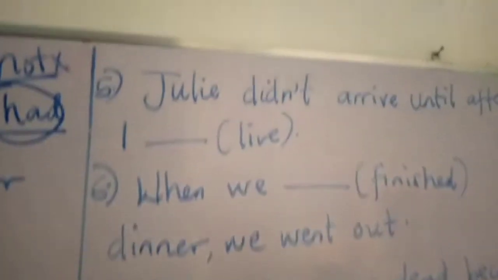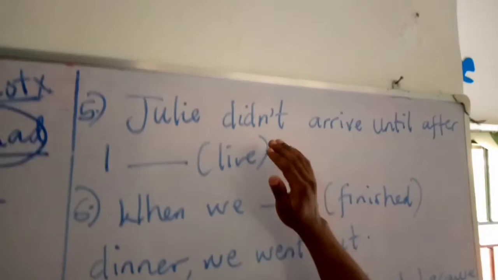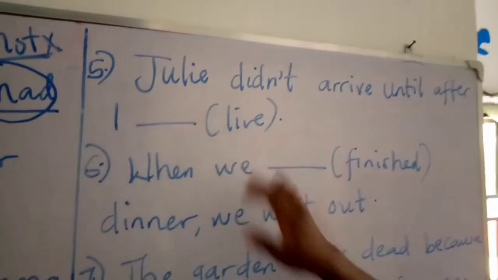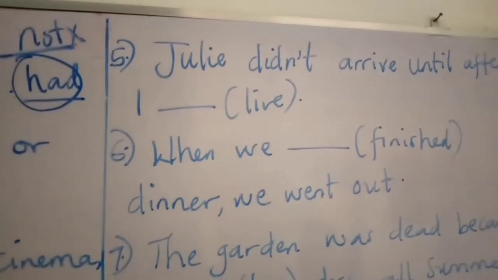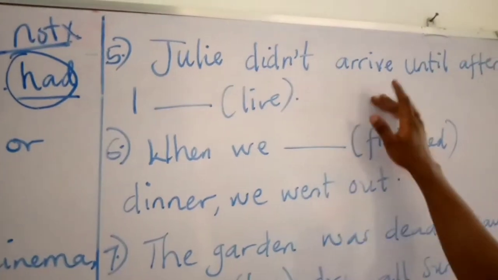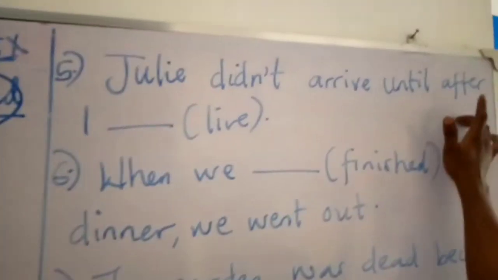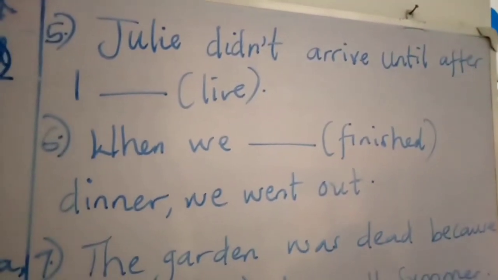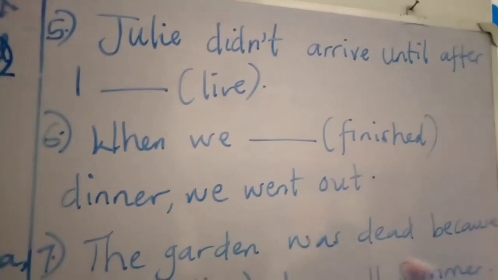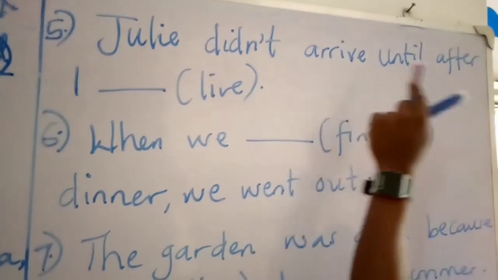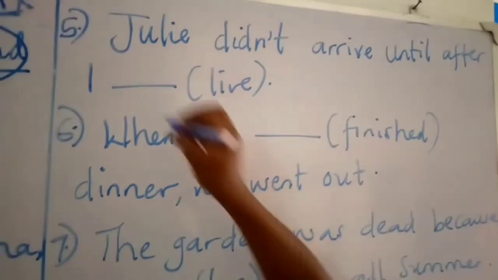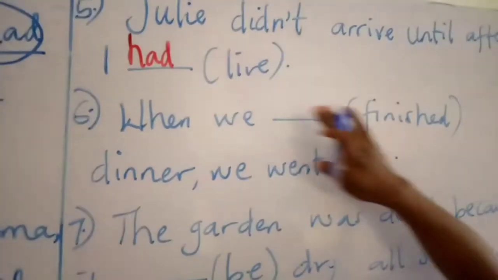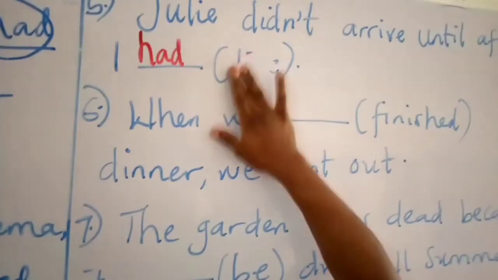Number 5, Julie didn't arrive until after I dash leave, in parentheses. So this becomes Julie didn't arrive until after I had, what is the past tense for leave?